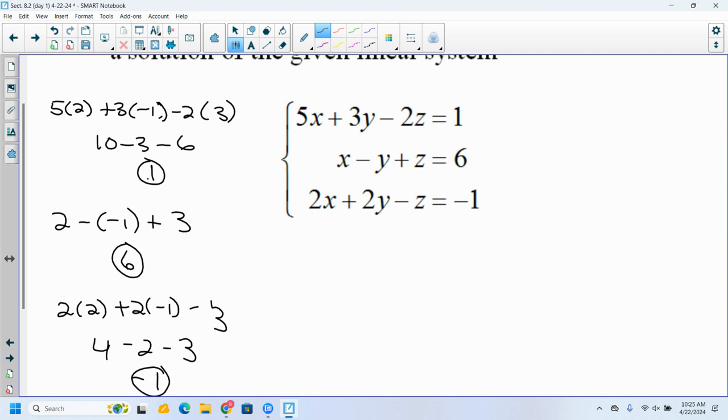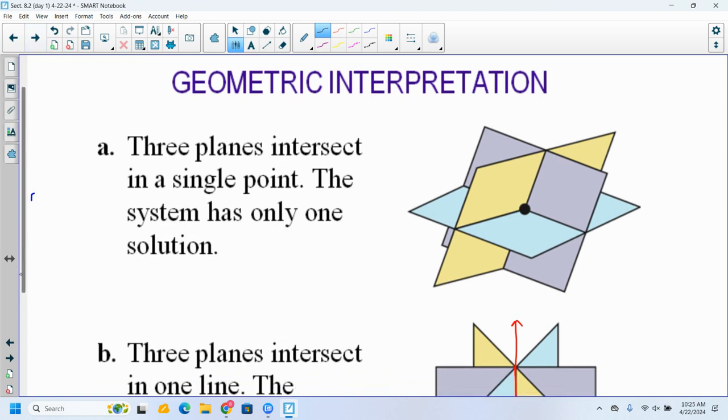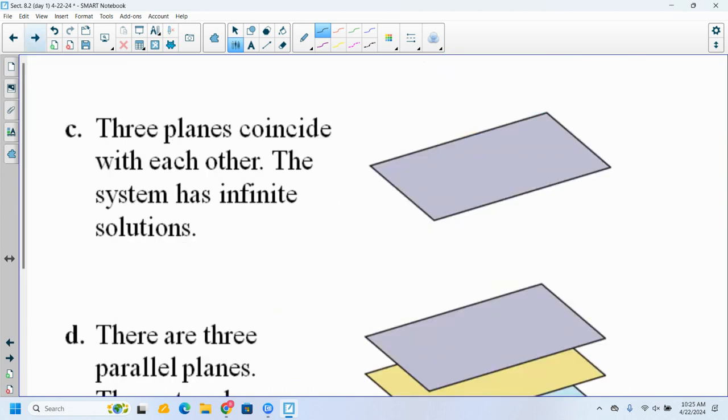Now, since these are all planes, each of those are a plane, you kind of see there on your notes, we get different things that can happen. The 3 planes can intersect at a single point. That is going to be your one solution. Okay, that can happen. The 3 planes can intersect in a line. You can have infinitely many solutions. Okay, you can have them all coinciding, like 2 lines could be the same. Well, 3 planes could all be the same. Infinite solutions.